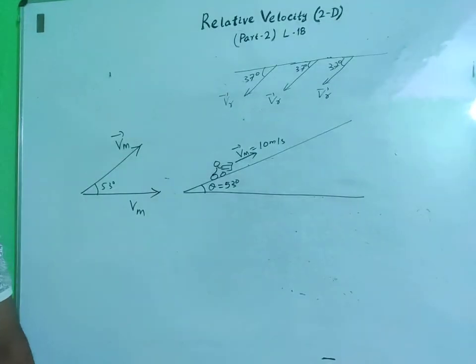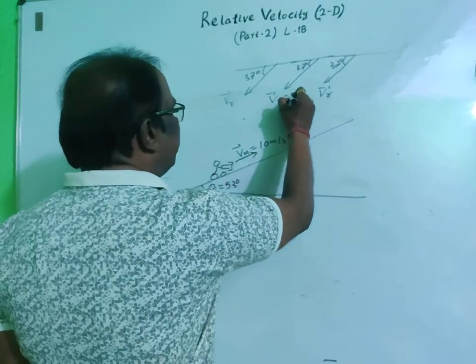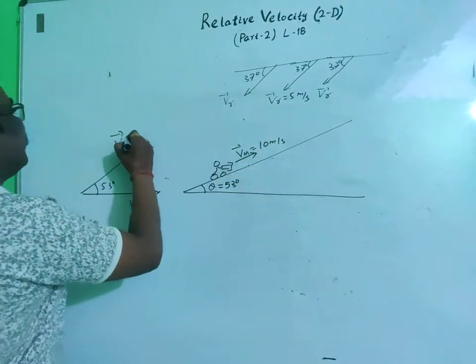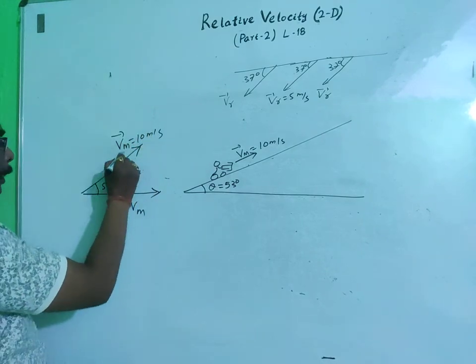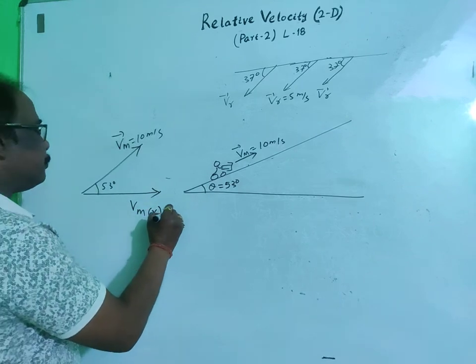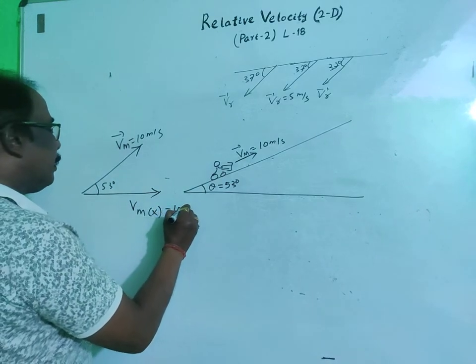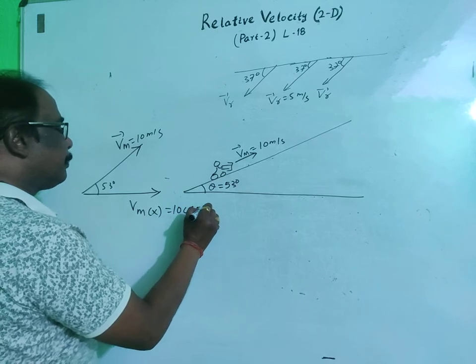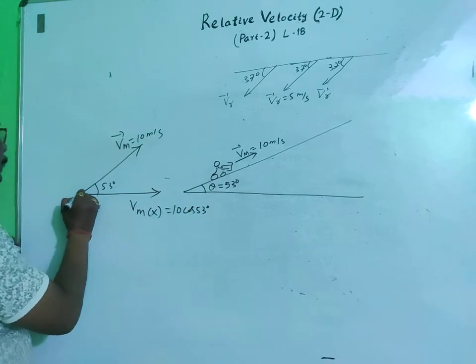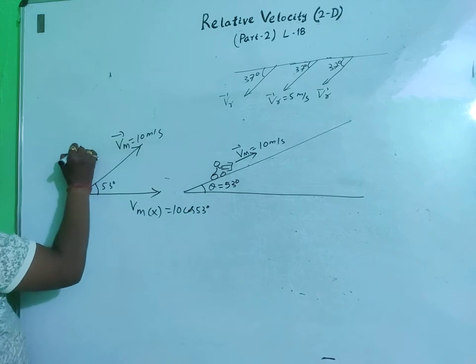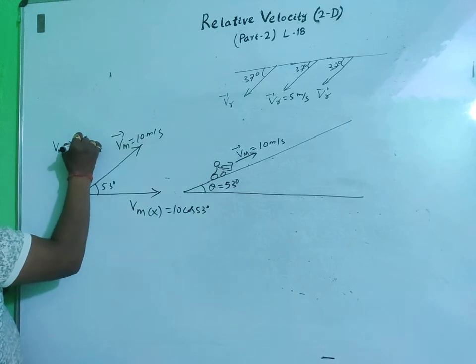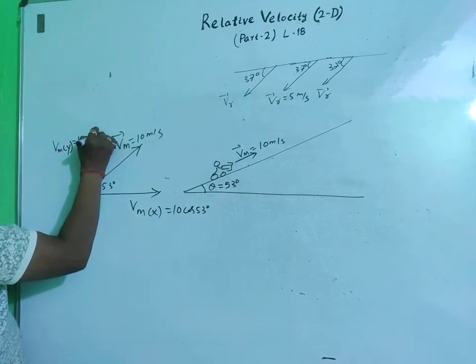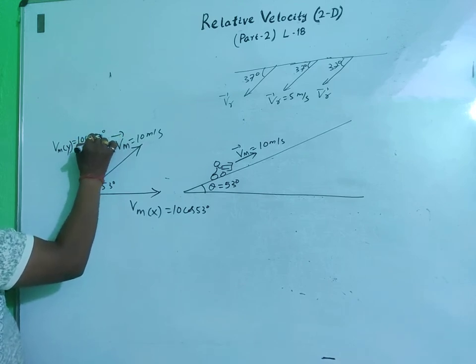And velocity of rain, you may take 5 meter per second. Any value you may assign. This value is 10 meter per second. And this is Vmx, velocity of man along x-axis, so this is 10 cos 53 degree. And the vertical component of velocity, Vmy, this is 10 sin 53 degree.